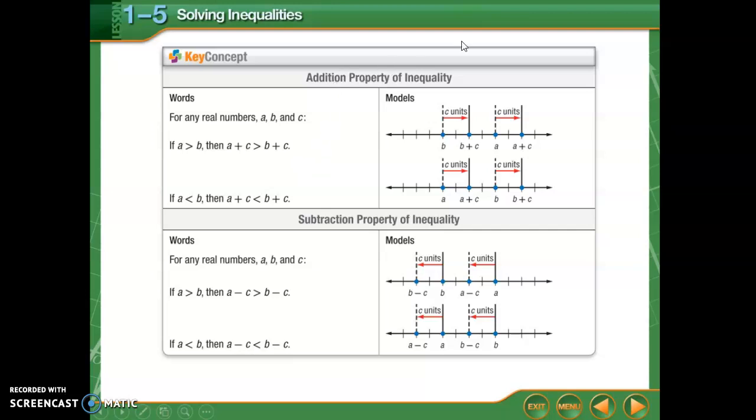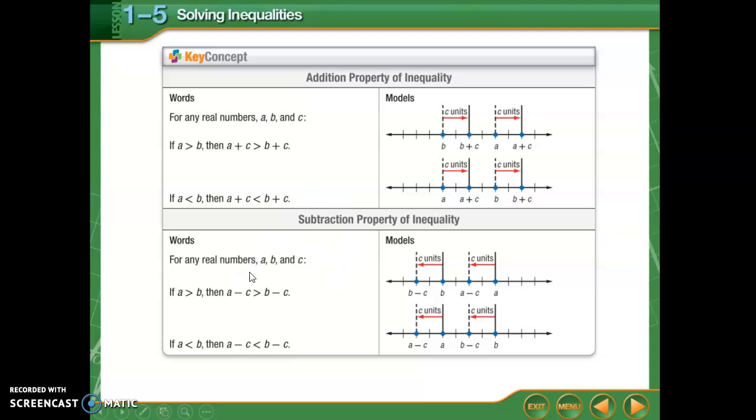What is the addition property of inequality? For any real numbers a, b, and c, if a is greater than b, then a plus c is greater than b plus c. It's the same thing if a is less than b, then if you add c to a, it's also less than b plus c.